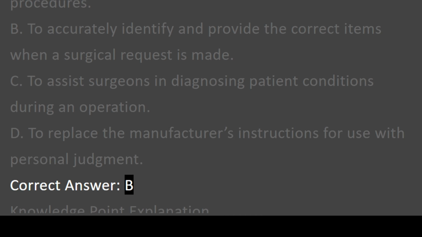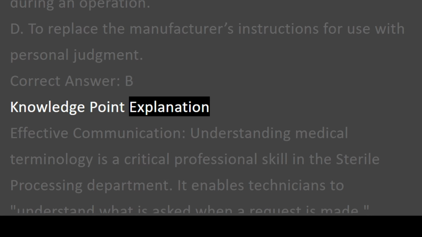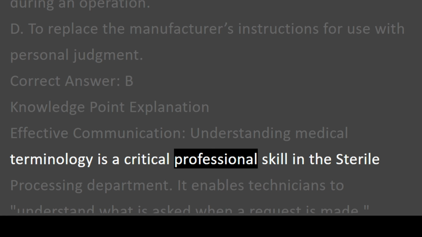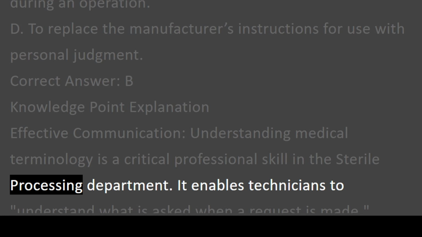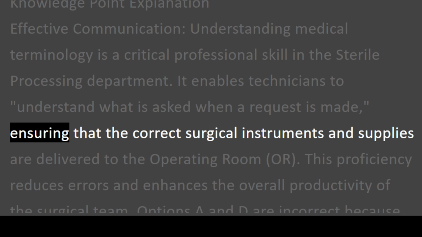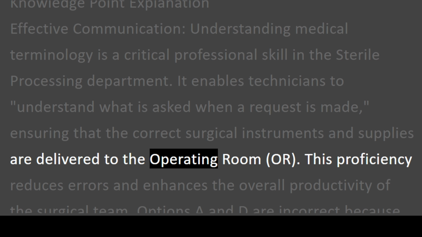Correct answer, B. Knowledge point explanation. Effective communication. Understanding medical terminology is a critical professional skill in the sterile processing department. It enables technicians to understand what is asked when a request is made, ensuring that the correct surgical instruments and supplies are delivered to the operating room.